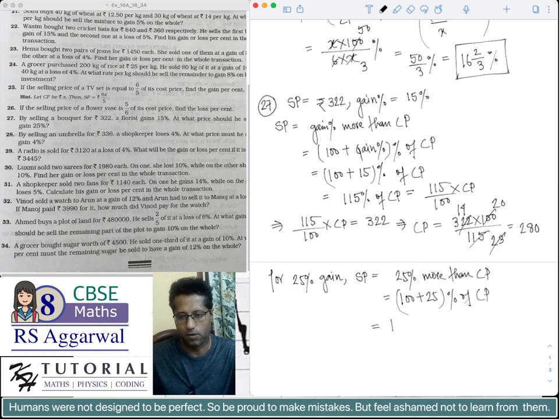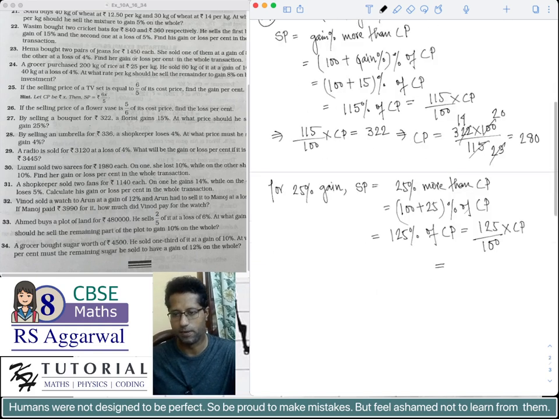This is equal to 125% of CP, which is equal to 125 divided by 100 multiplied by CP, which is equal to, CP we know is 280. So this will be 125 by 100 multiplied by 280.